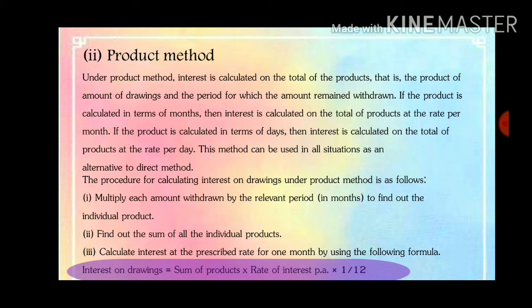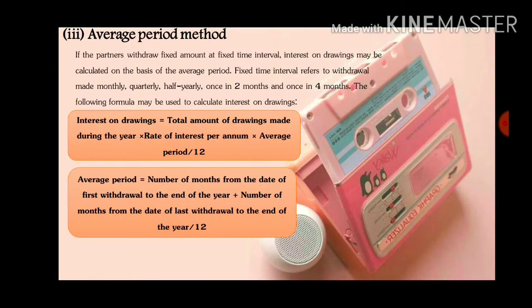Then third, calculate interest at the prescribed rate for 1 month by using the following formula. What is the formula of product method? Interest on drawings equals sum of products into rate of interest per annum into 1 by 12. 1 by 12 means average period. So it is called the product method.